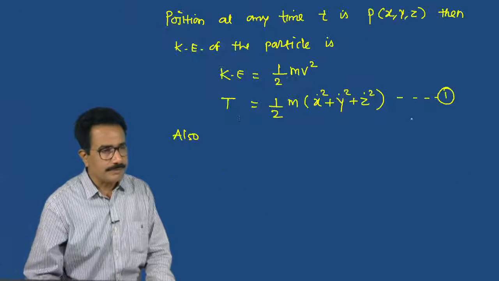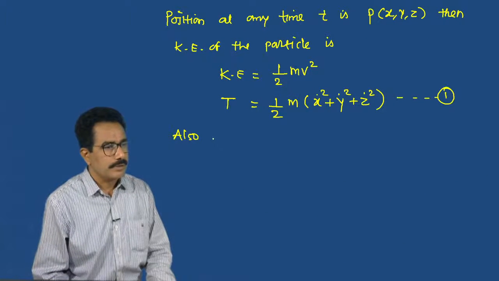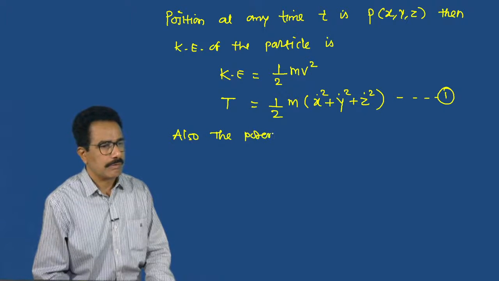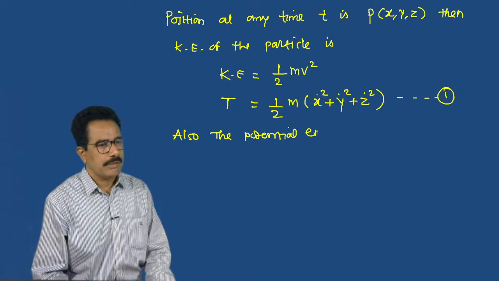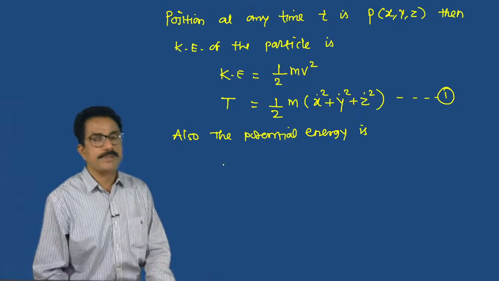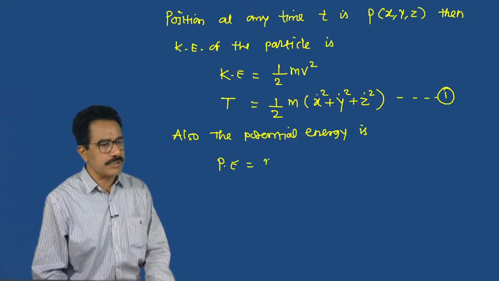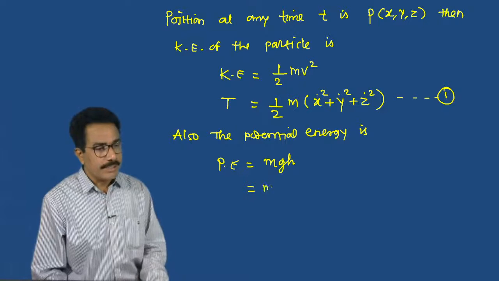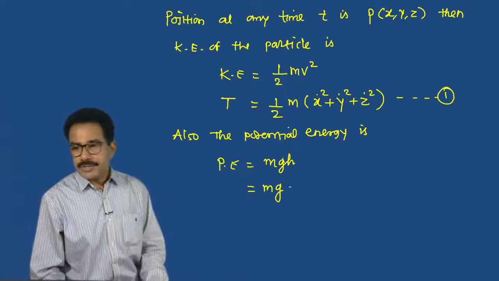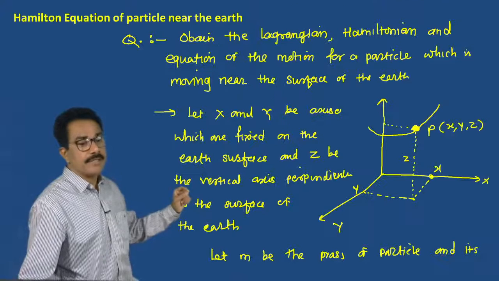Now the potential energy is mgh, where h is the height.